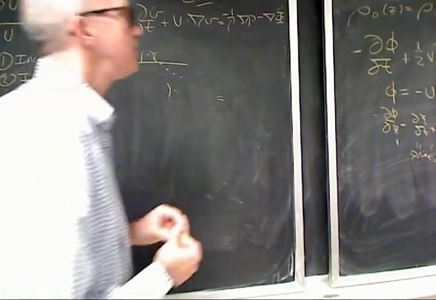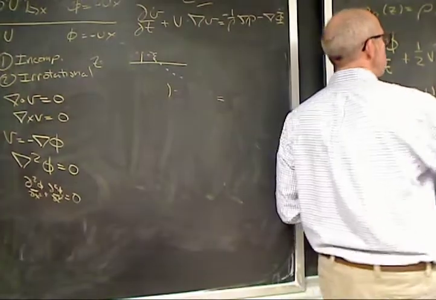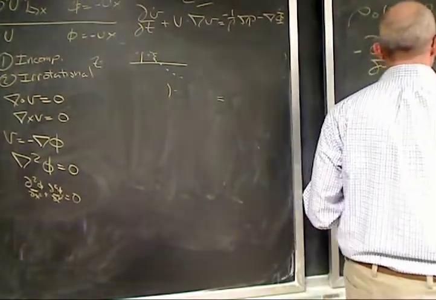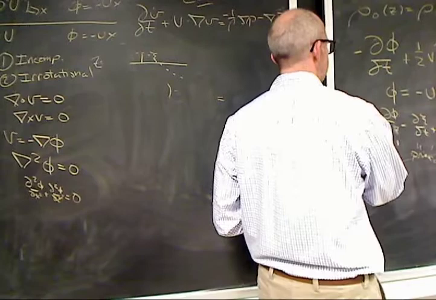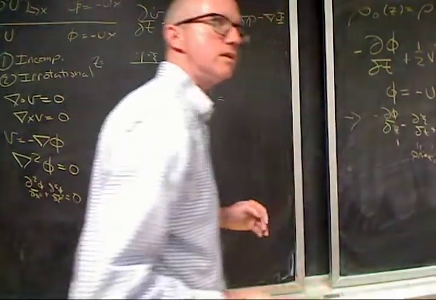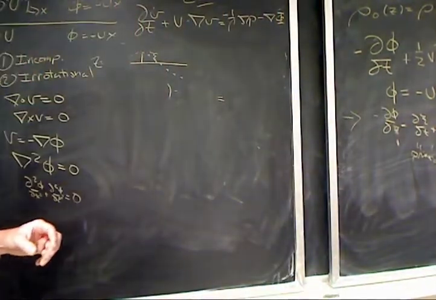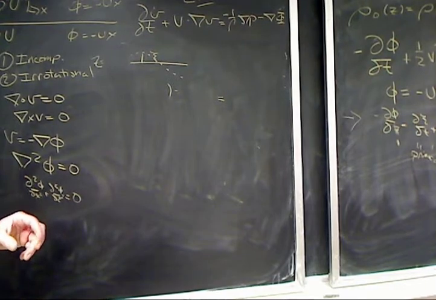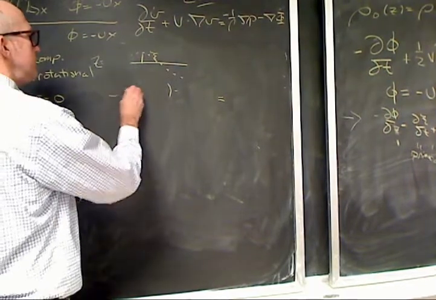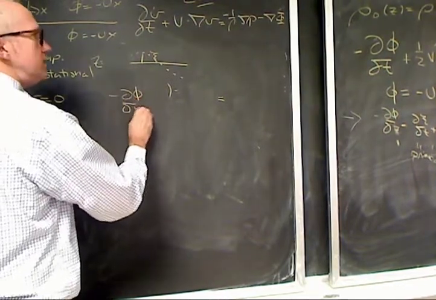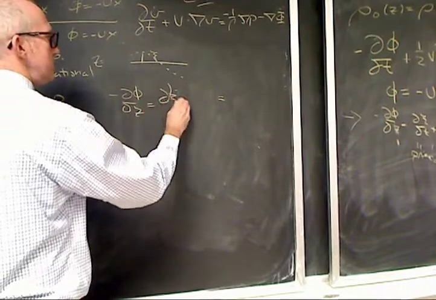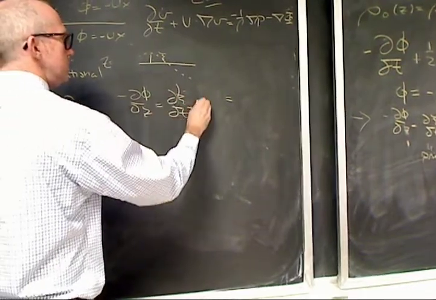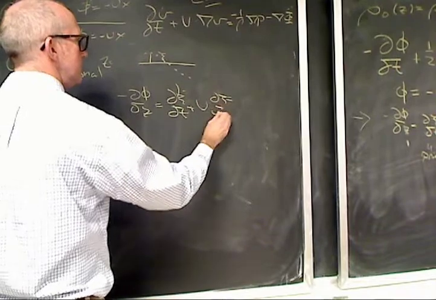So I can plug all of these into this equation. And that turns into, so we've got minus d phi dz equals dx dt plus u dx dx.